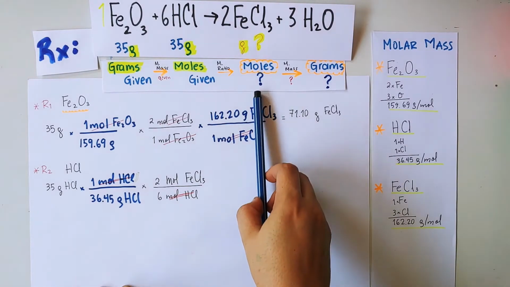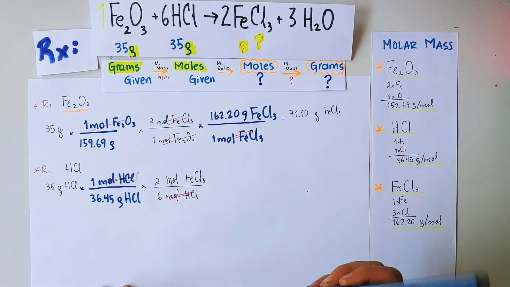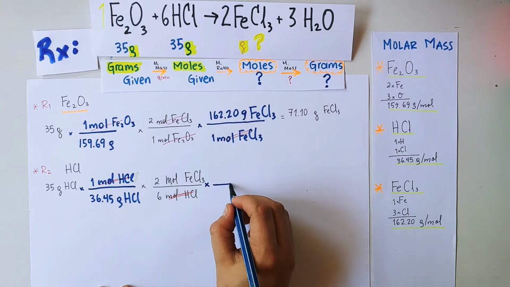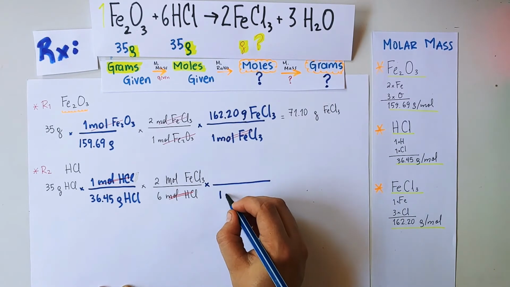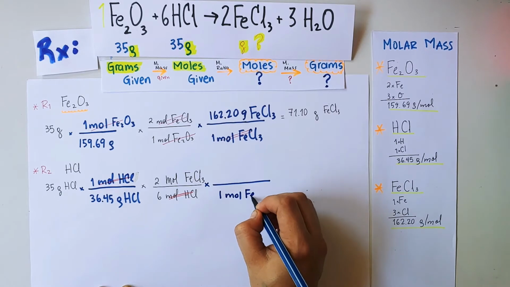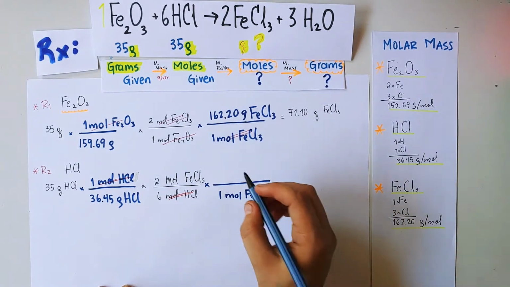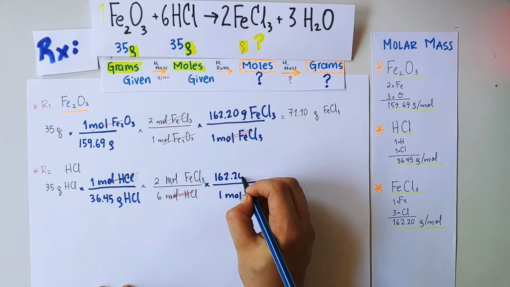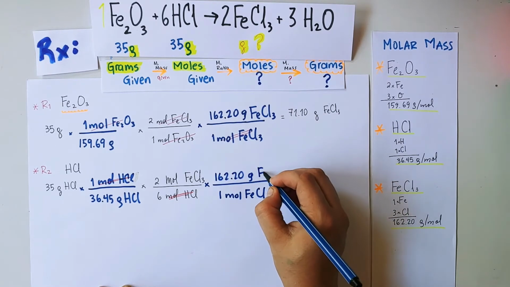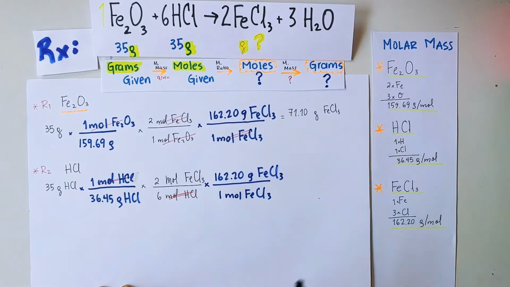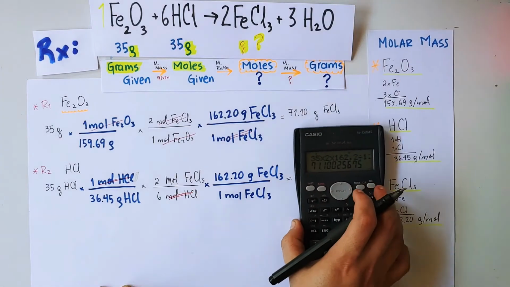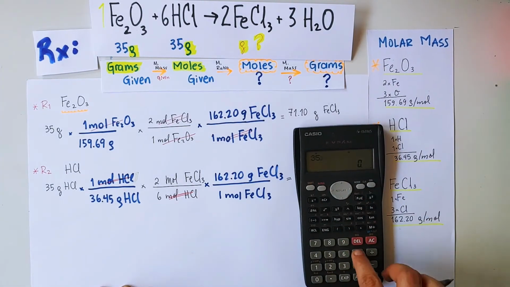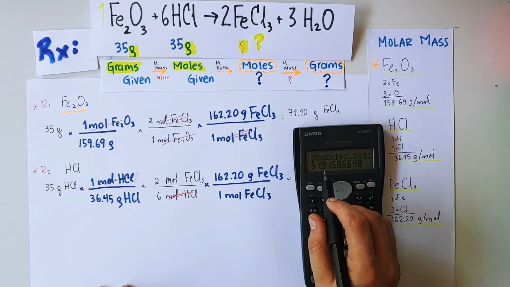And then, from moles unknown to grams unknown, I need to use the molar mass, which is in 1 mole of iron-3 chloride, I have 162.20 grams of iron-3 chloride. Do that in your calculator, and you will get 51.92.